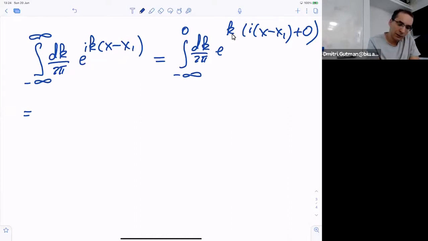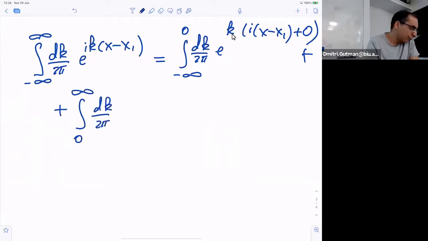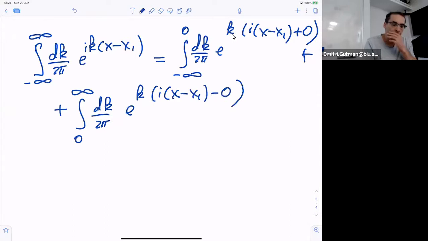Plus an integral from 0 to infinity dk over 2π e^{k(i(x − x1) − 0)}. And once again, I added a regularization that makes this integral converge at k approaching infinity.